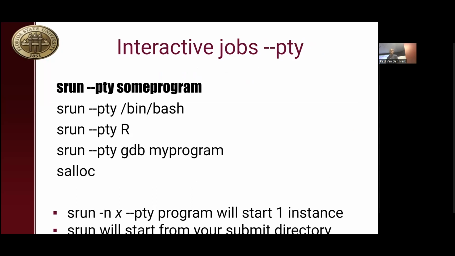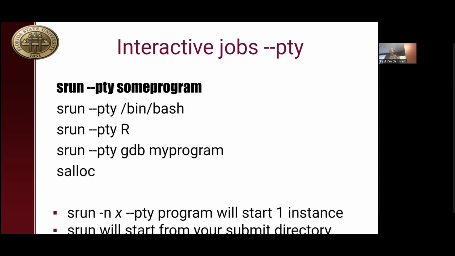Now, interactive. If you really want to do interactive, you can use salloc and srun. But srun, like I said, you use it and it's interactive by itself. Well, with srun you have to say the --pty flag.